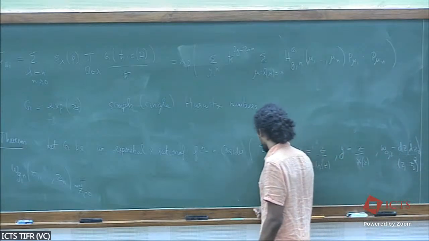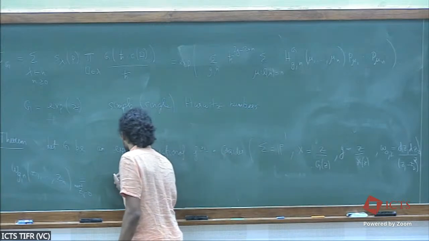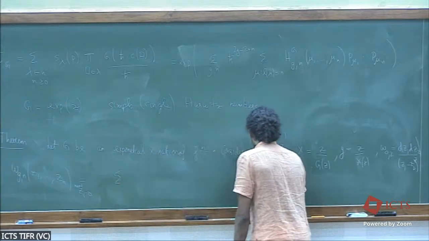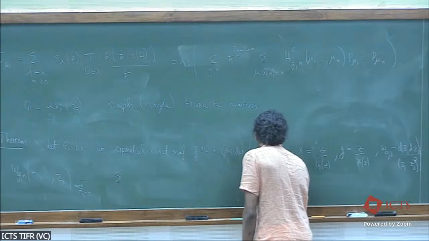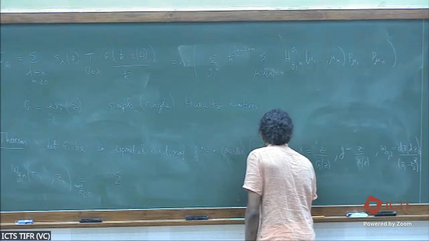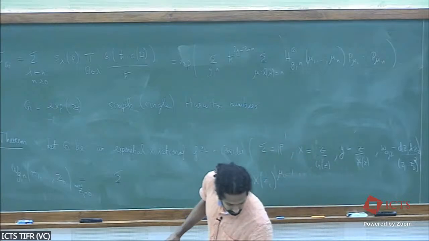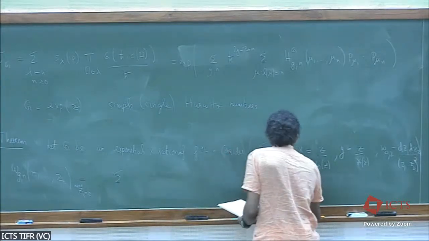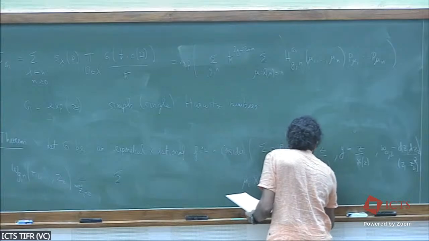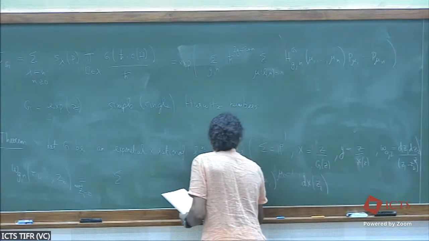So it's going to be a collection of numbers that I will write, x(z_i) to the μ_i minus 1 times μ_i, product over all i.